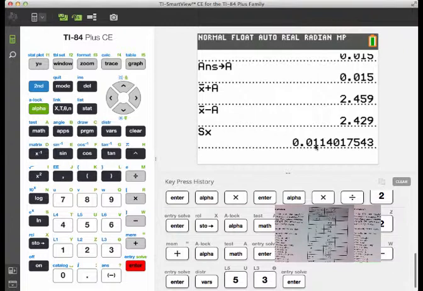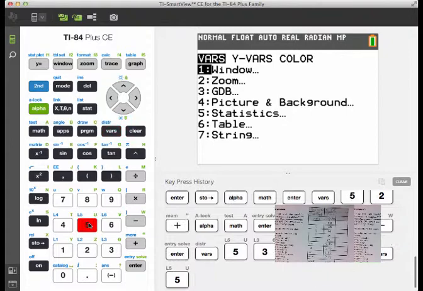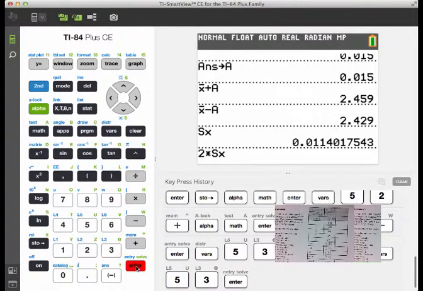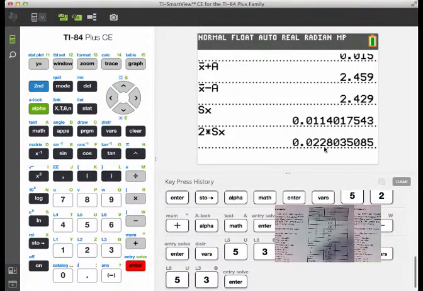The data error, however, is 2 times the standard deviation. So 2 times vars statistics Sx is 0.022, so still not enough. So the data error is 0.02.